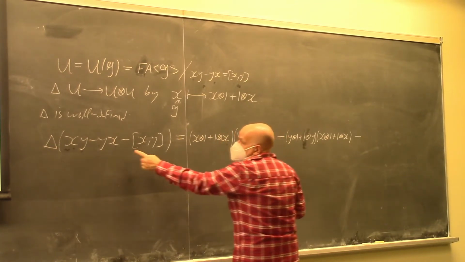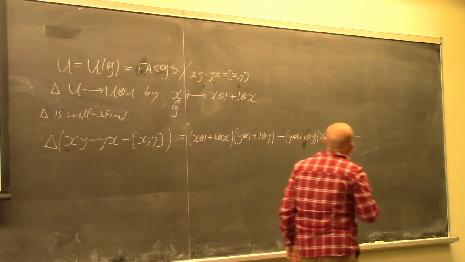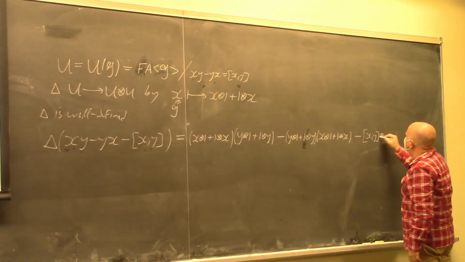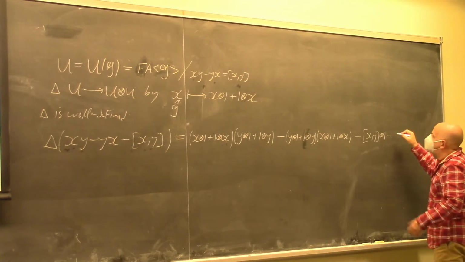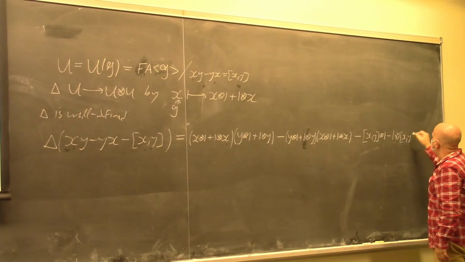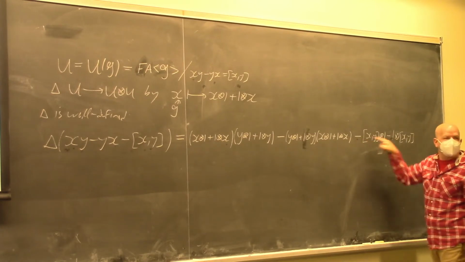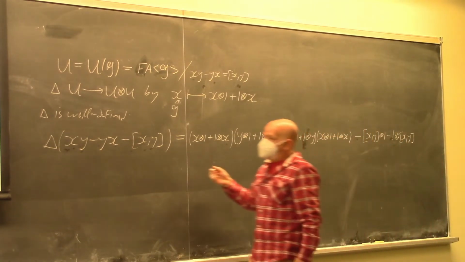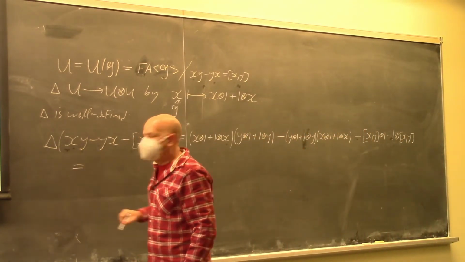So the coproduct applied to x bracket y is just x bracket y tensor 1 plus 1 tensor x bracket y, except that there was a minus in front, so I wrote this plus as a minus. Okay? And now you can just carry out the multiplication.